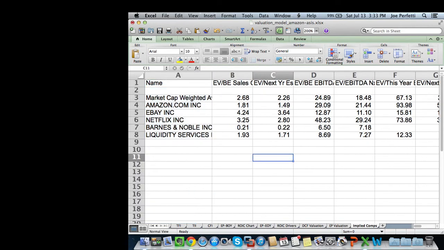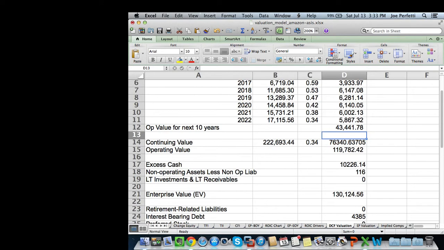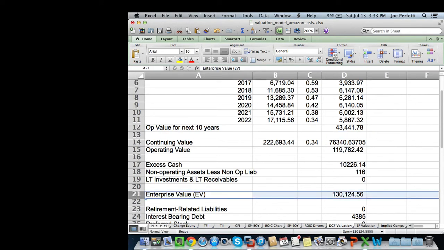All right. So here's the point. We have this Amazon series of multiples that the market is giving us today. Well, in our model, guess what we also have? We have a calculation of enterprise value.